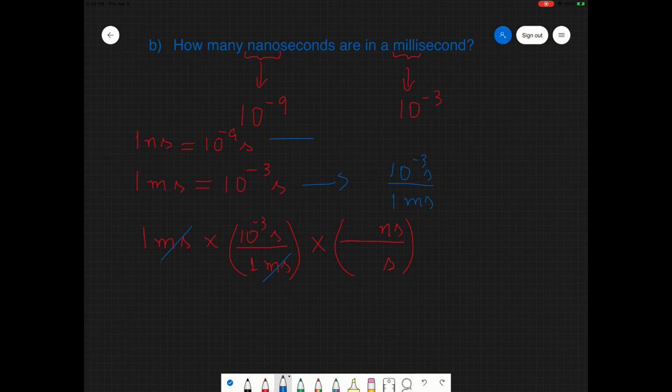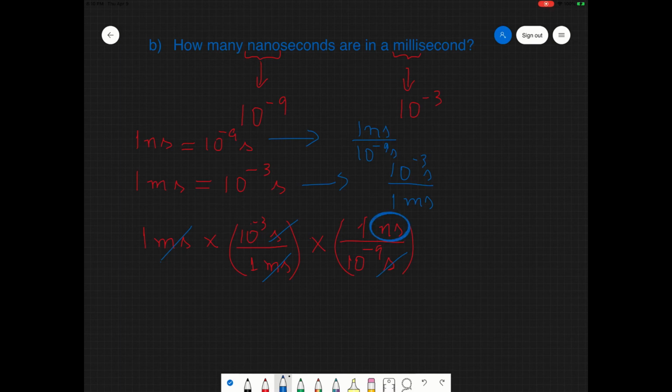So my conversion factor from the first part is that 1 nanosecond corresponds to 10 raised to negative 9 seconds. Putting this into the conversion factor that I'm multiplying, I have 1 on the top, 10 to negative 9 on the bottom. And that would cancel the units of second.